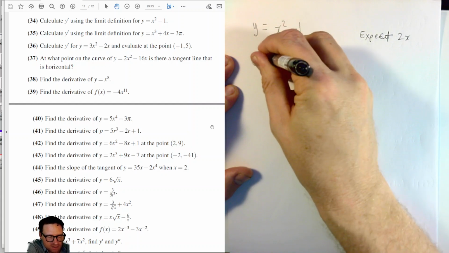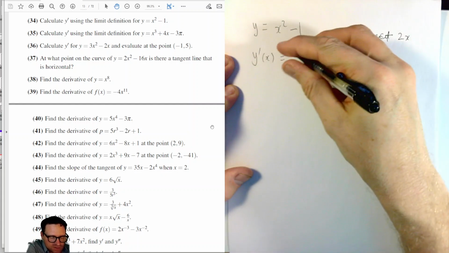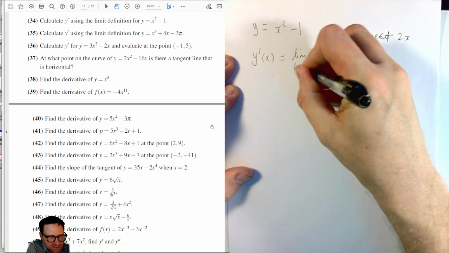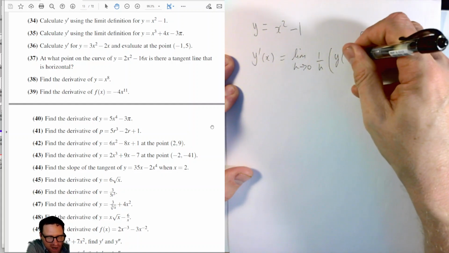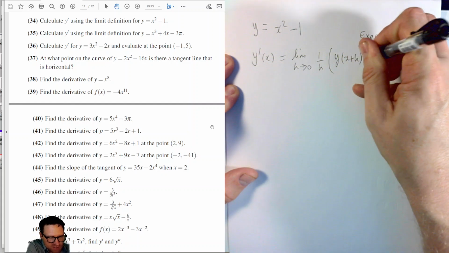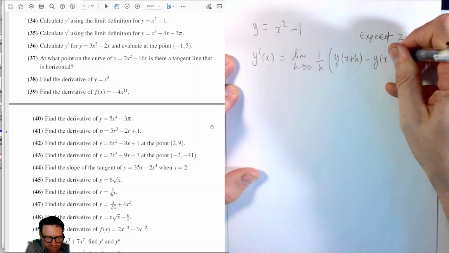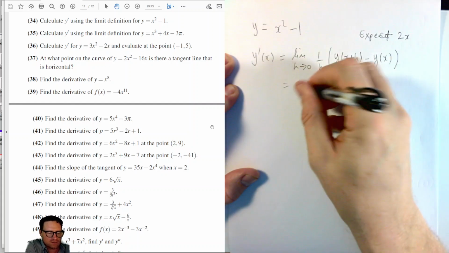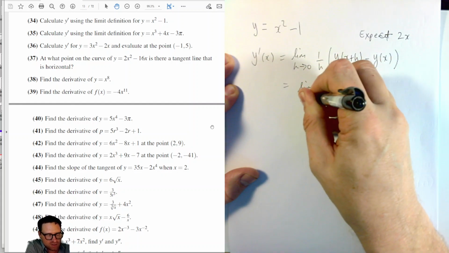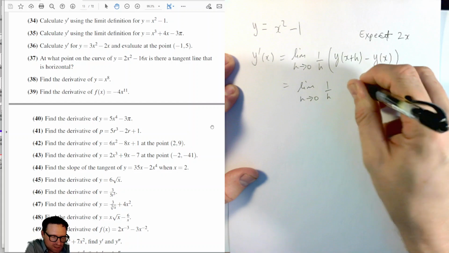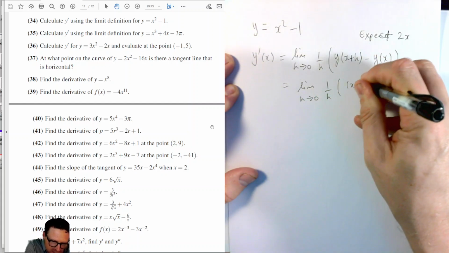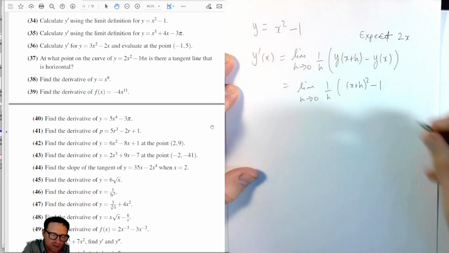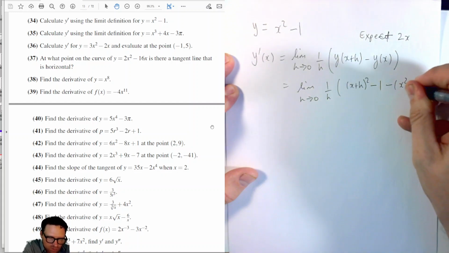So y dash is equal to the limit as h goes to 0, 1 on h, y of x plus h minus y of x. Okay, so we've got the limit as h goes to 0, 1 on h. Now we're replacing x with x plus h, so (x plus h) squared, subtract 1, and then minus (x squared minus 1).